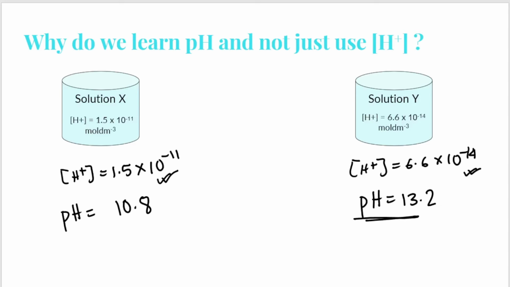You see, 13.2 is far easier to comprehend than 6.6 times 10 to the power minus 14. And when we start comparing these values, it's much easier to compare 10.8 and 13.2 than 1.5 times 10 to the power minus 11 and 6.6 times 10 to the power minus 14. So to understand pH better, we must first learn about the pH scale.